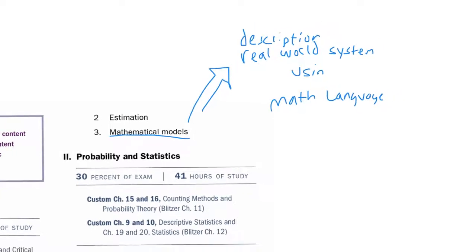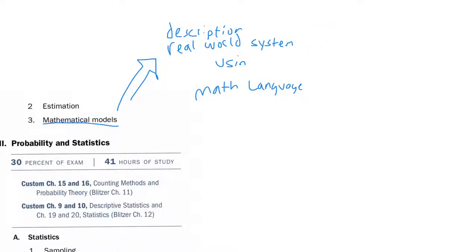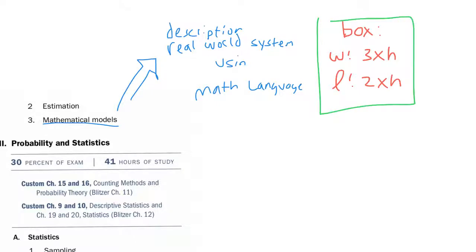All right. So, for example, imagine we had something like a box that had, we'll say, the width is 3 times the height, and the length is 2 times the height. And imagine that that's our box. Well, you might know that boxes most certainly have a width, a length, and a height.